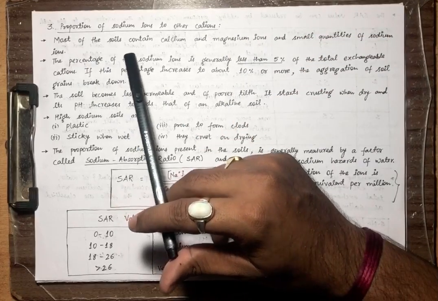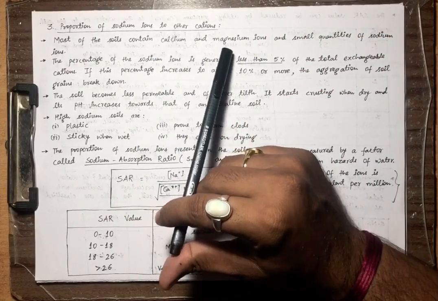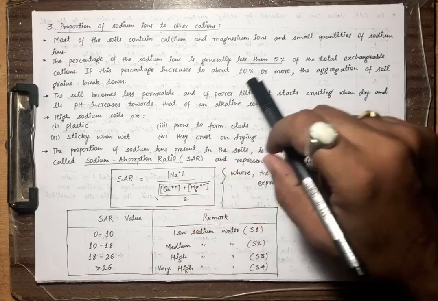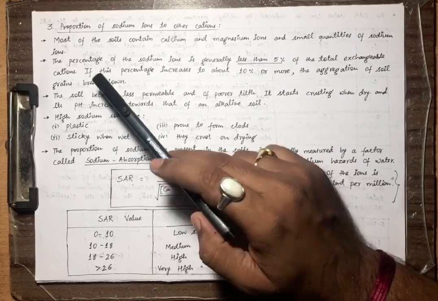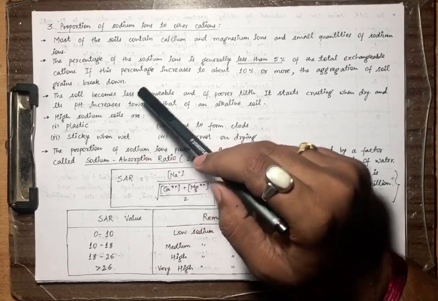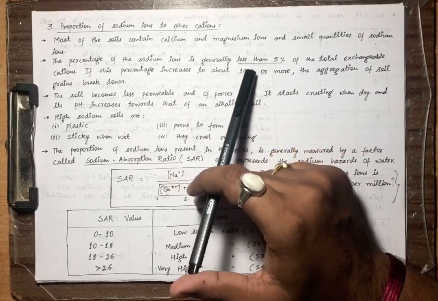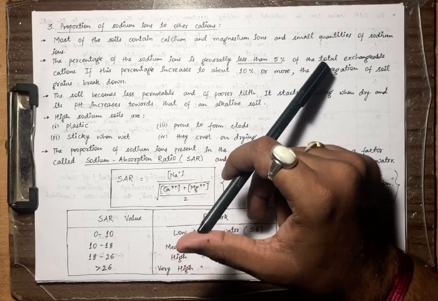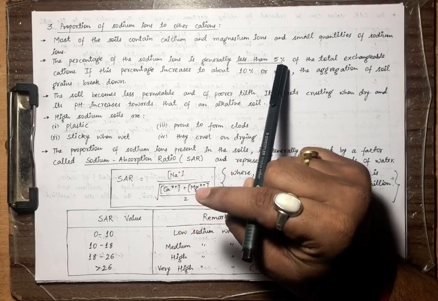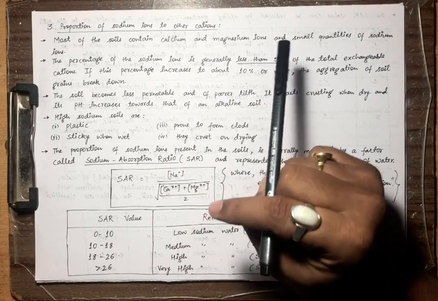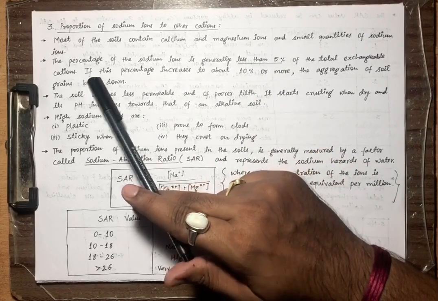Most soils contain calcium and magnesium ions and small quantities of sodium ions. The percentage of the sodium ions is generally less than 5% of the total exchangeable cations.